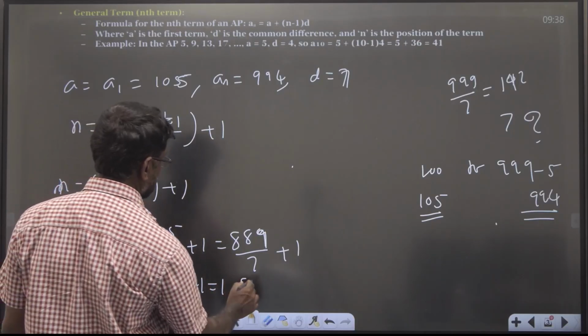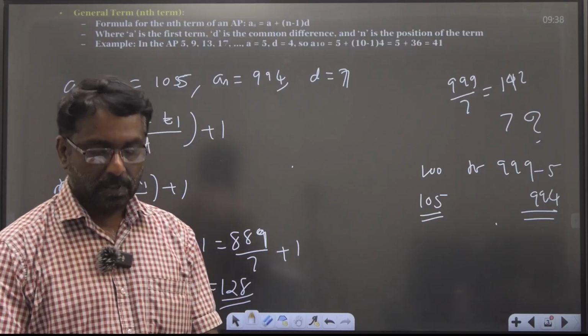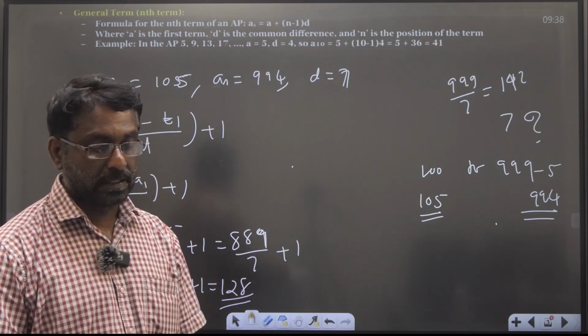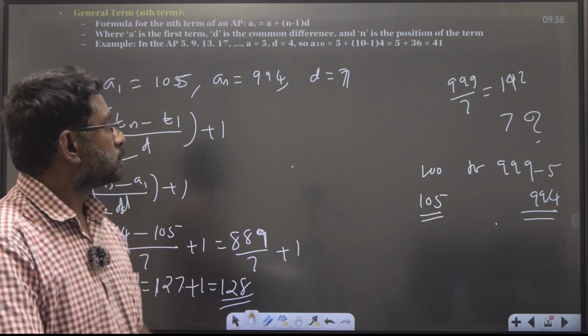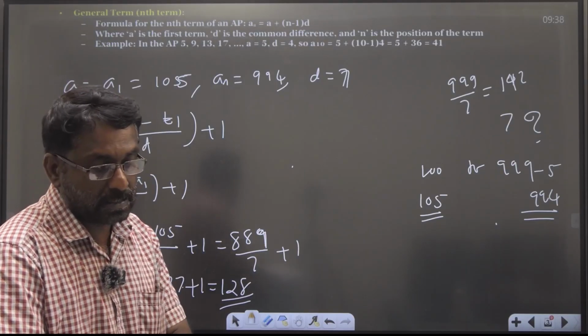That is 128. 128 is the answer. So there are 128 three-digit numbers divisible by 7.